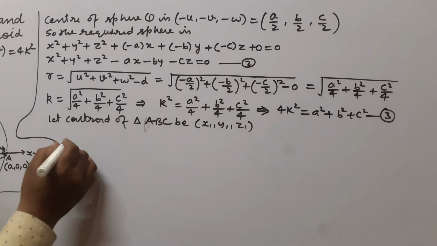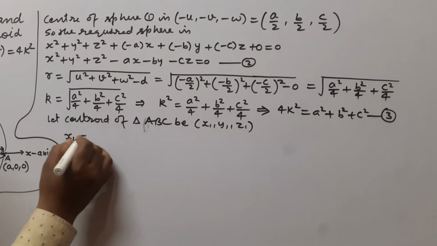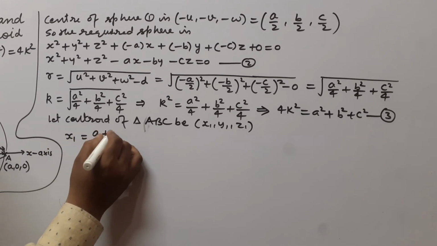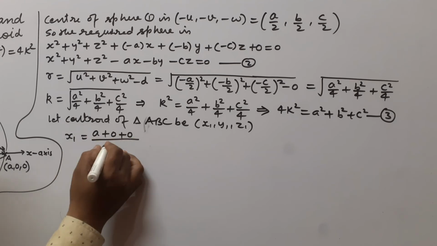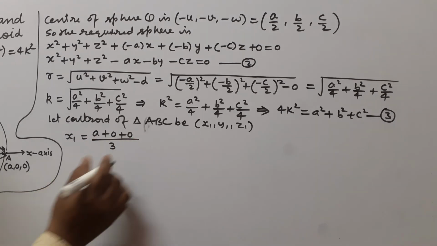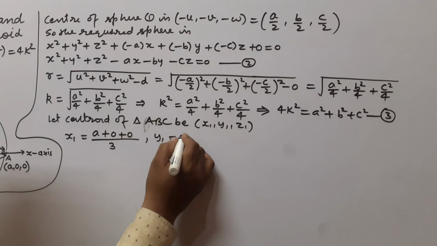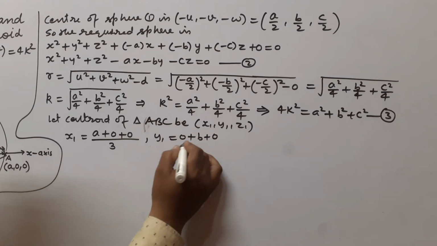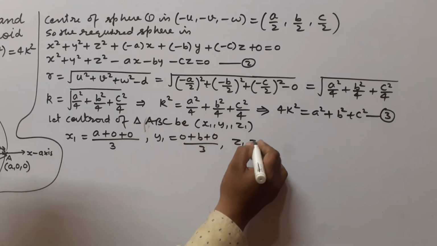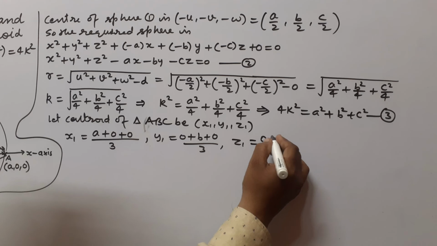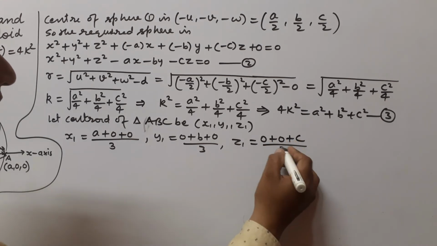So for the centroid of the triangle ABC, x1 is equal to a plus 0 plus 0 upon 3, y1 is equal to 0 plus b plus 0 upon 3, and z1 is equal to 0 plus 0 plus c upon 3.